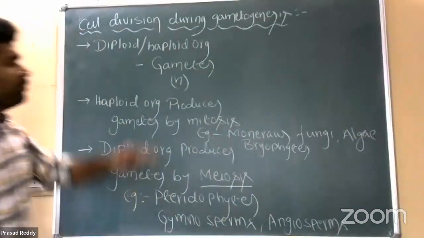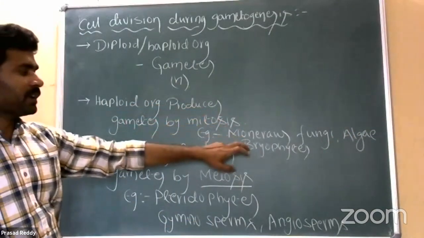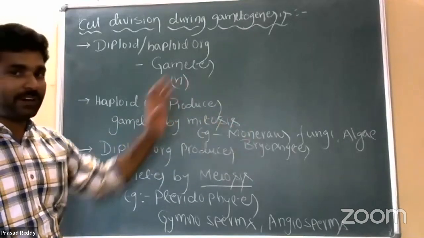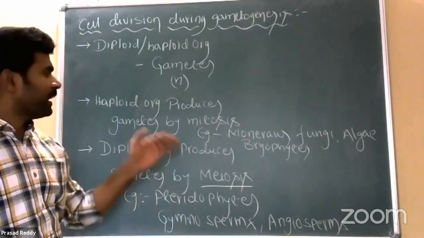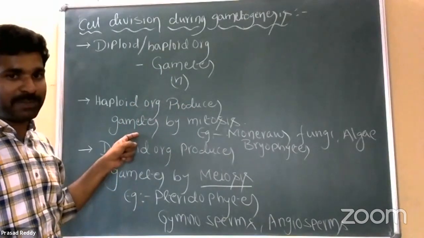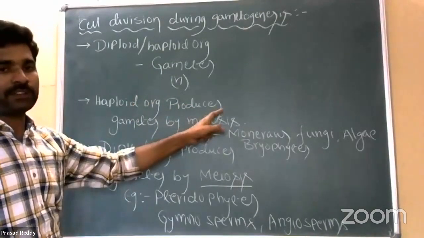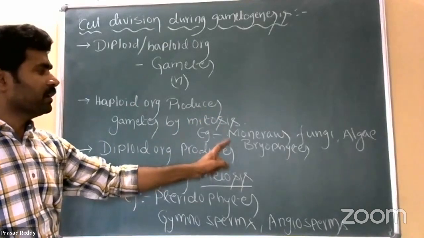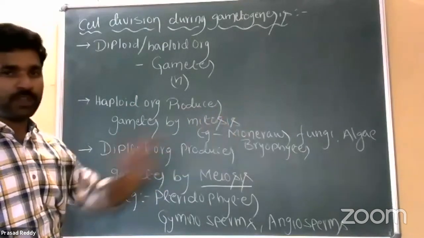So moneras, fungal members, algal members, and bryophytes are haploid organisms. Haploid organisms produce haploid gametes, male and female gametes, by mitosis division. Examples: moneras, fungi, algae, bryophytes.